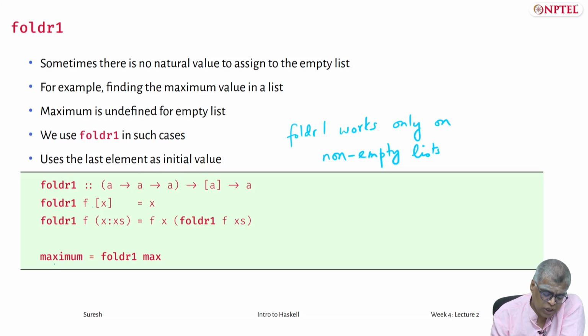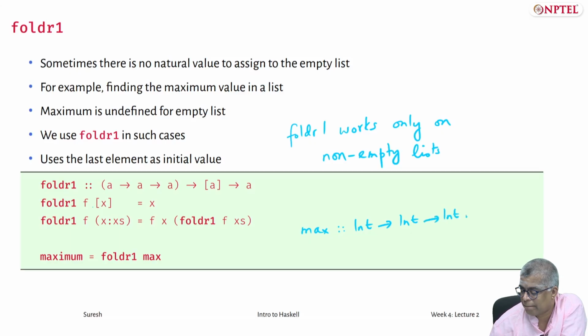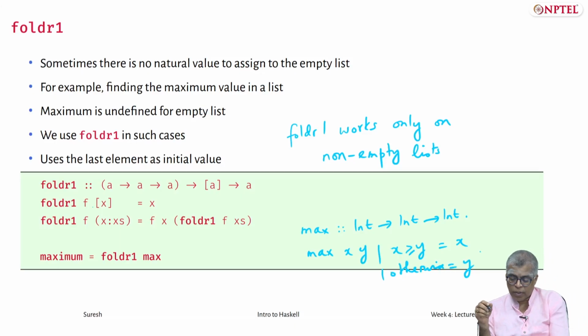You can define maximum as foldr1 of the max function. Recall that the max function, for our purposes here, let us think of it as Int arrow Int arrow Int. Okay, so that is the max function.